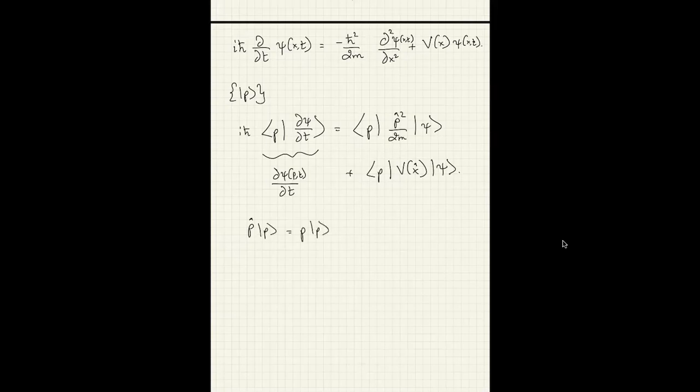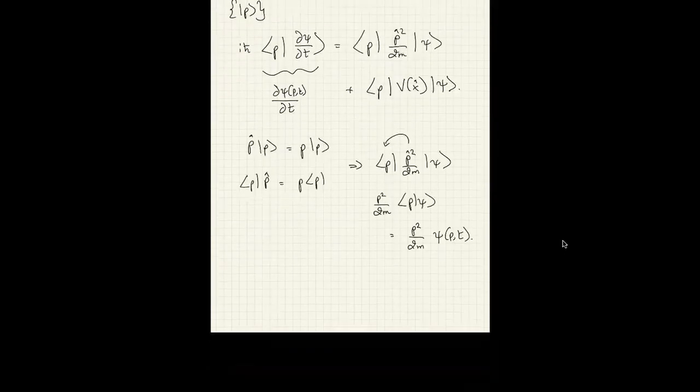If I take the complex conjugate of this, this is p, and since p is a Hermitian operator, this is simply p. Which means that <p|p square over 2m|psi>, with this p acting on the left, would simply give me the corresponding number p square over 2m times the wave function in the p representation psi of p comma t.